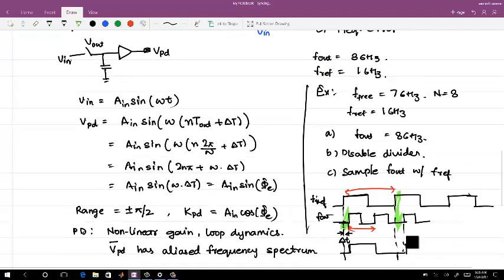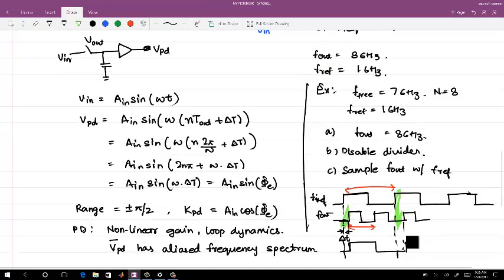So any questions? Can you just repeat the question? By this solution, can we say that instead of implementing a type 2 PLL, we have implemented a type 1 PLL, which corrects the frequency error?